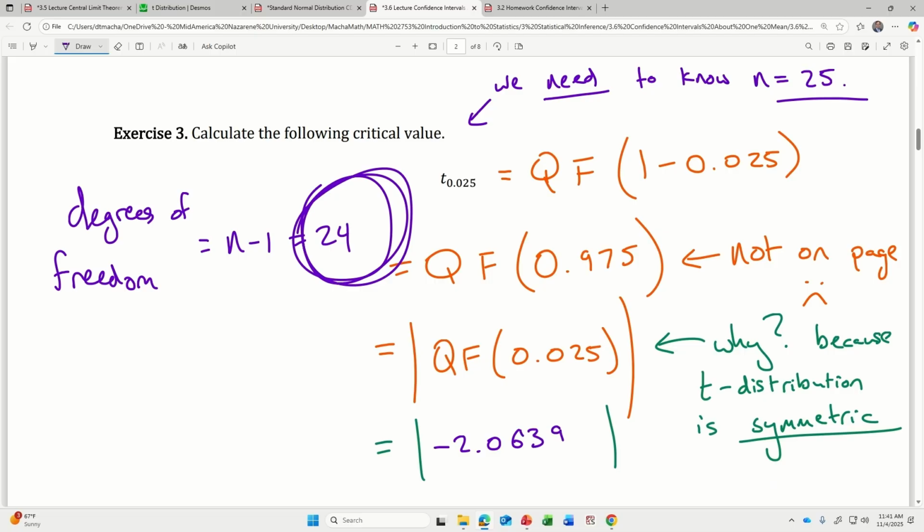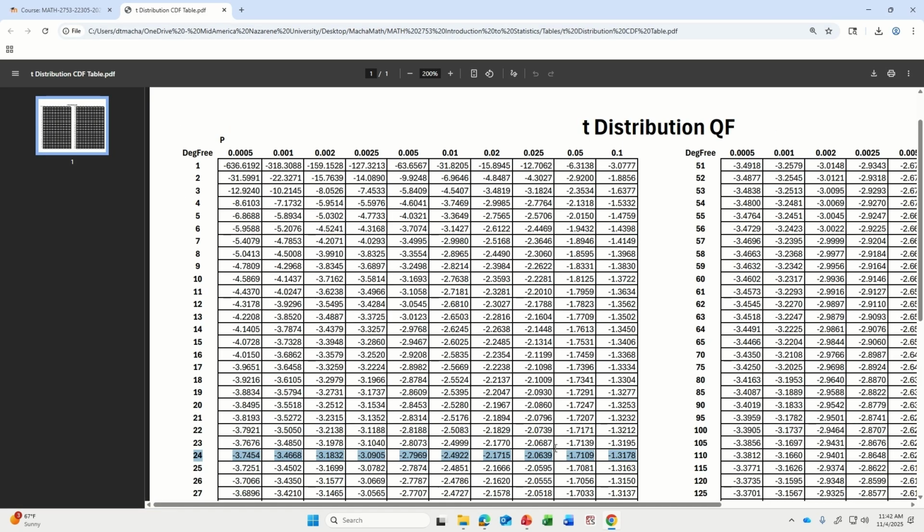Okay. It's negative 3.09. Oh, wait, never mind. Oh yeah, you were looking at the 0.0025.